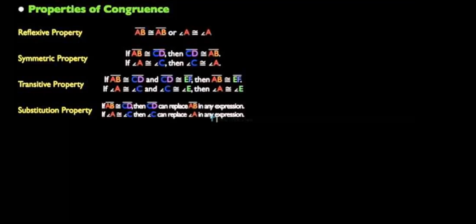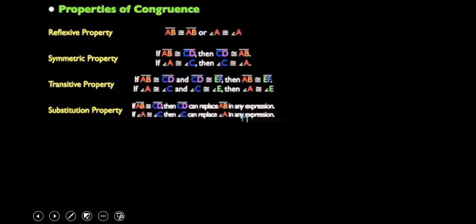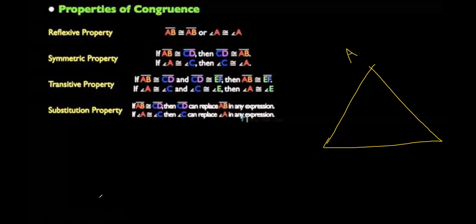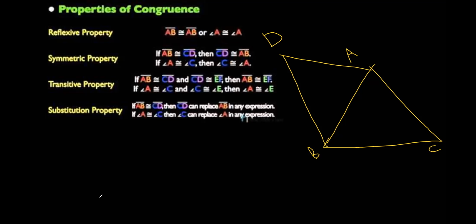Okay. Let's now talk about the reflexive property. If you have a triangle, as an example, named ABC, and another triangle with D, and AB is a common side between the first triangle and the second triangle, we name it reflexive.